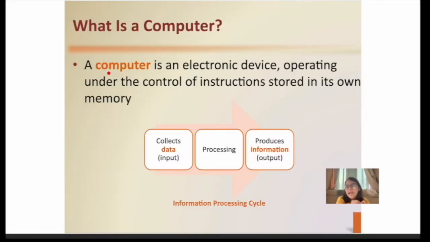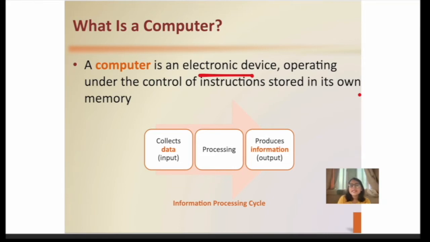So it is considered an electronic device, and it is operating under the control of the instructions stored in its own memory. So the computer stores a particular instruction, or we can say a particular program, and with the help of that instruction, the computer will automatically perform its task, and we can store our information in our computer. We can also retain our information. So this is the main description of a computer.